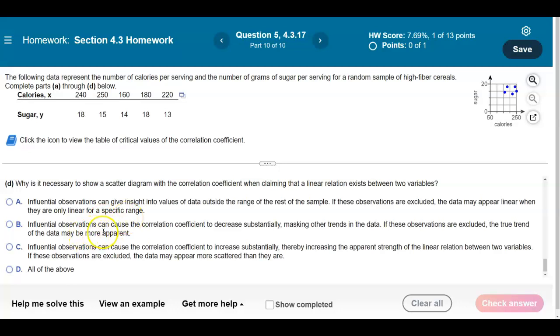It says influential observations can cause the correlation coefficient to decrease substantially, masking other trends in the data. If these observations are excluded, the true trend of the data may be more apparent. It says influential observations can cause the correlation coefficient to increase substantially, thereby increasing the apparent strength of the linear relation between two variables. If these observations are excluded, the data may appear more scattered than they are.